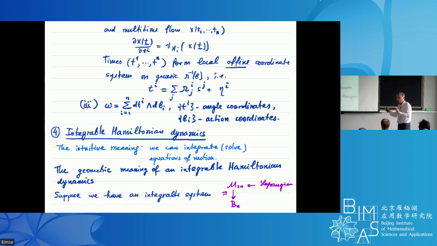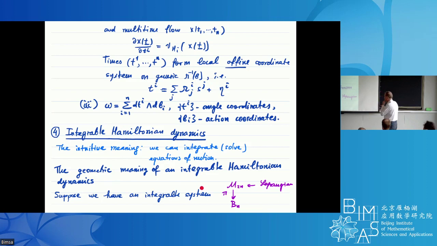Using analysis, you can prove existence and some other things, and once you have existence, you press the button of a computer and get numerical results. That's very universal and doesn't require exact solutions. But we are dealing with a very special situation where, using a completely different set of tools, you can describe solutions. So the intuitive meaning is that you can solve the equations of motion.